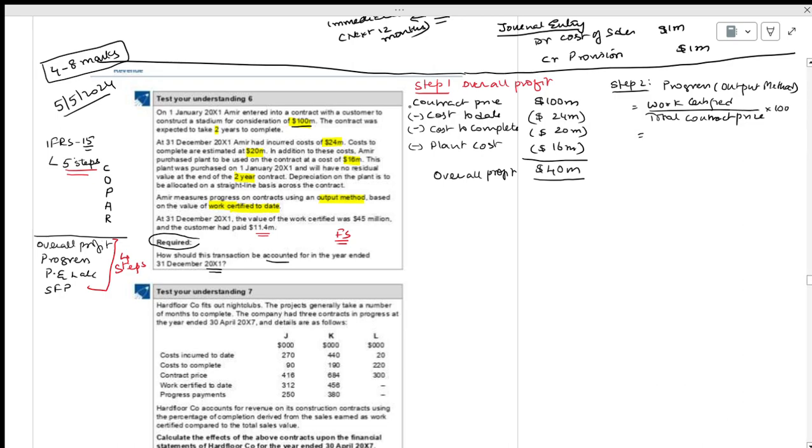Here it has been given in the fourth, last paragraph. Value of work certified is 45 million. Total contract price is 100 million, times 100. How much does it come to?